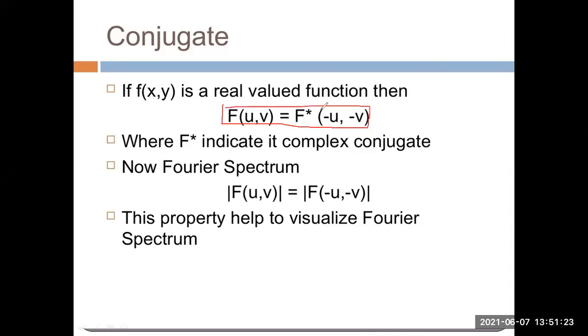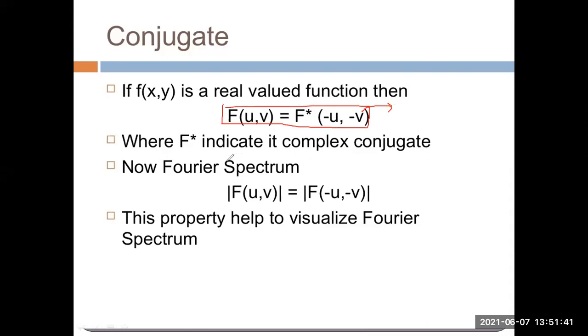Then the conjugation in Fourier transformation will be nothing but F star of (minus u, minus v), where F star represents your complex conjugate.